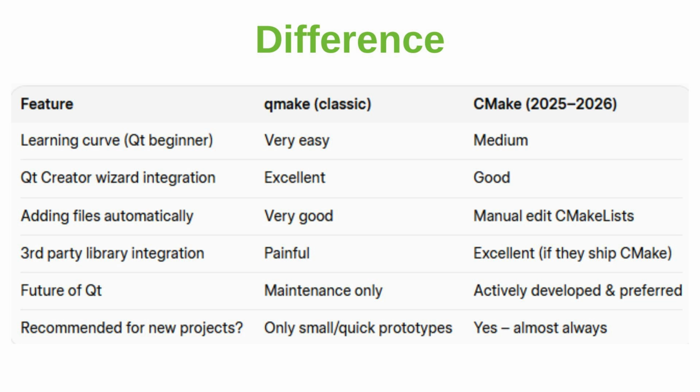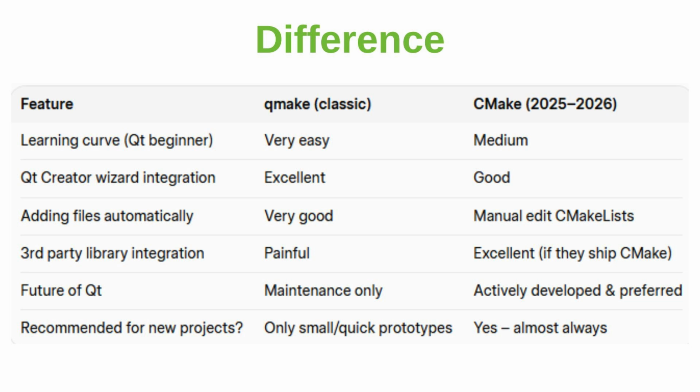In contrast, QMake was designed specifically for Qt and offers a simpler and more beginner-friendly approach, using easy-to-write .pro files that automatically handle many Qt-specific tasks like signals, slots, UI forms, and resources. However, this simplicity comes at the cost of limited scalability and flexibility, especially when projects grow in size or require integration with non-Qt components.